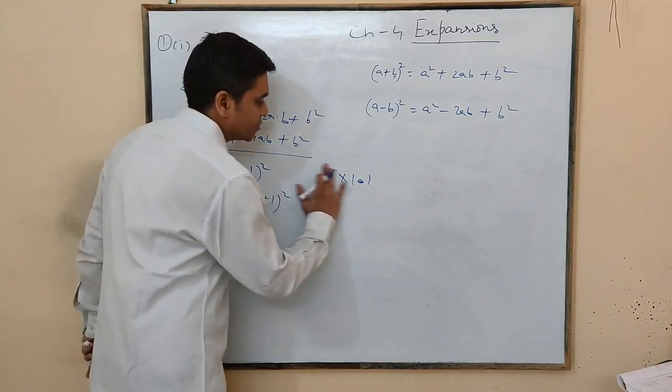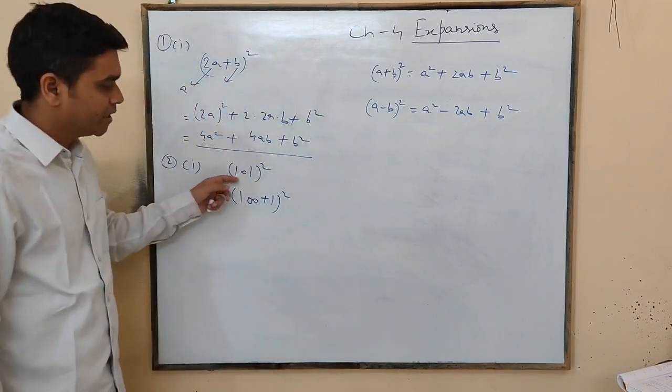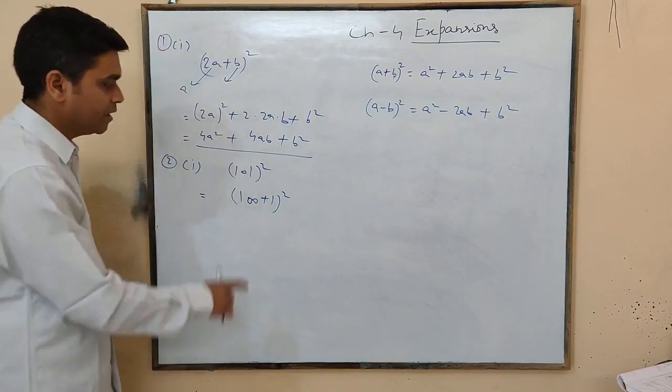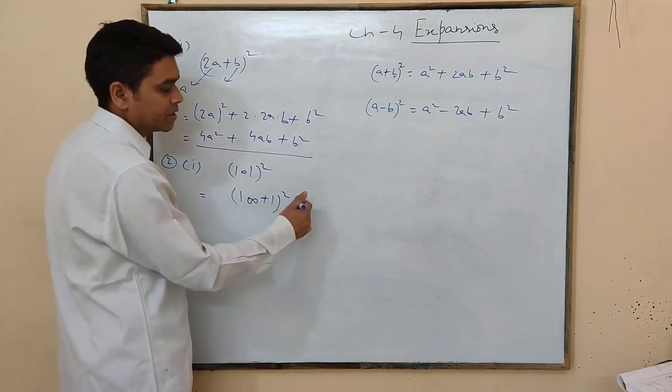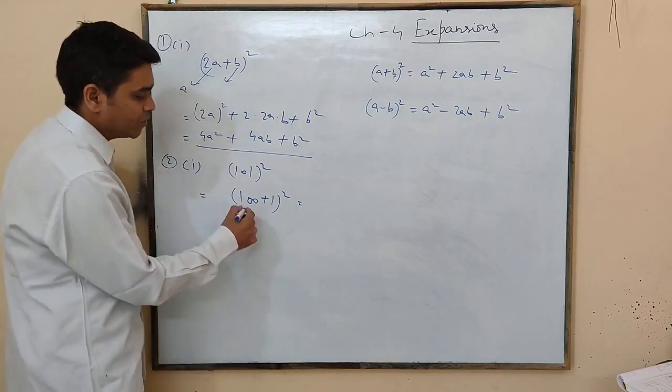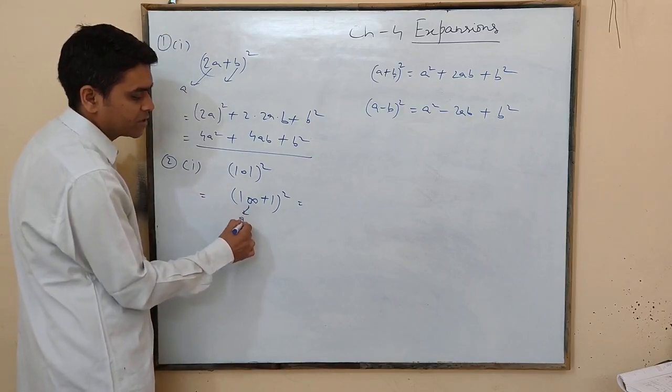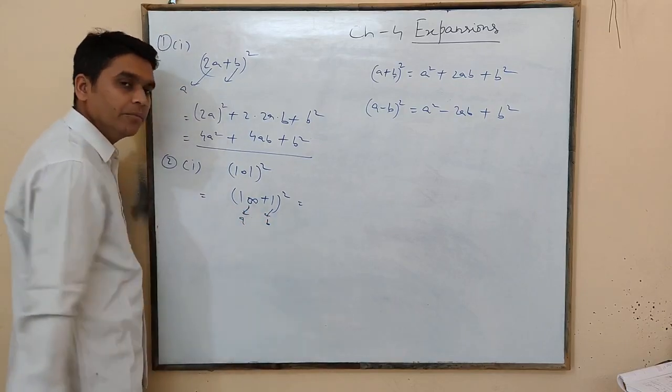Yes? So solve this 101 whole square. This is (100 + 1) whole square. Suppose this is a and this is b.